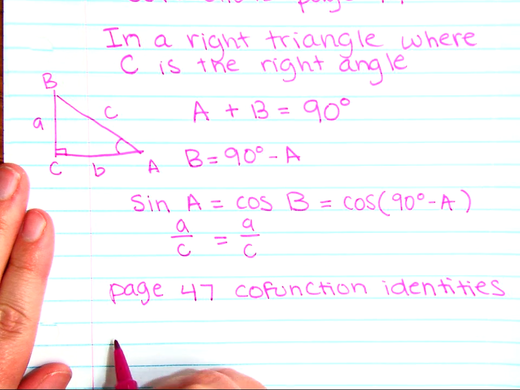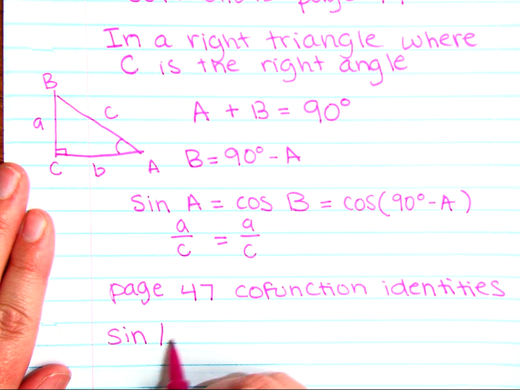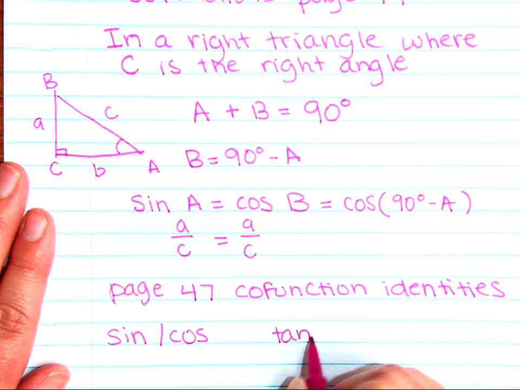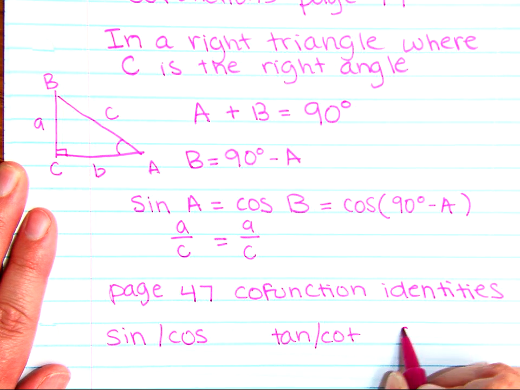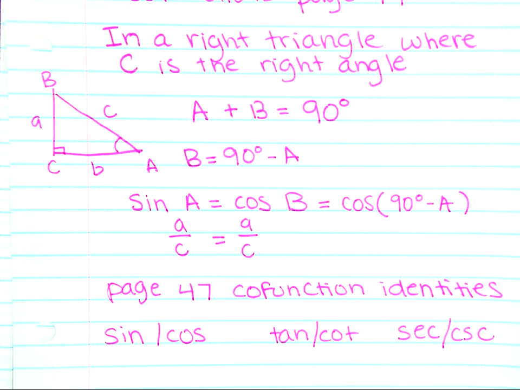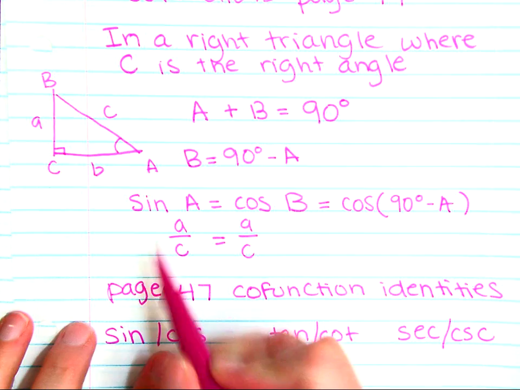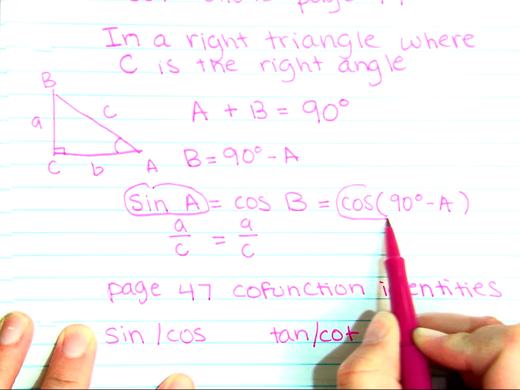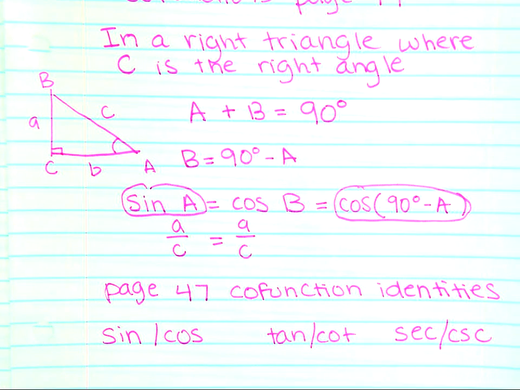So let's write sine, cosine. Then we've got tangent, cotangent, and secant and cosecant. Those are our cofunctions. So I know that the sine of an angle is going to also equal the cosine of the complement. So the sine of A is equal to the cosine of 90 minus A. That's what's super important for you to get out of this video.